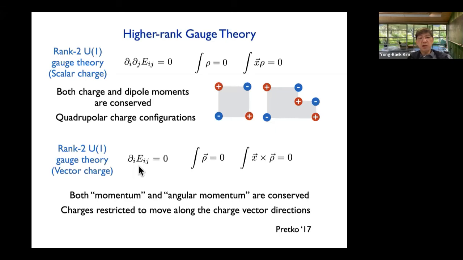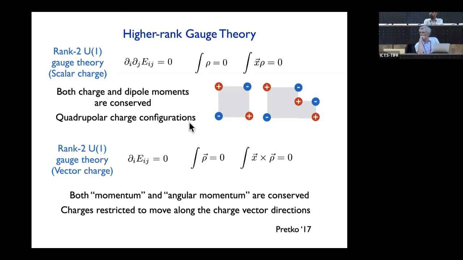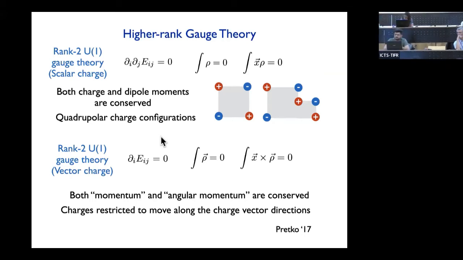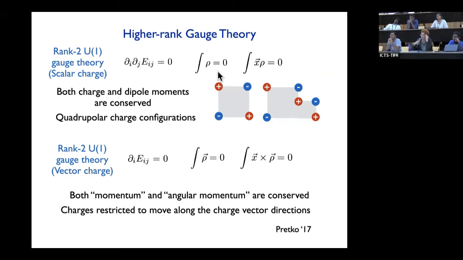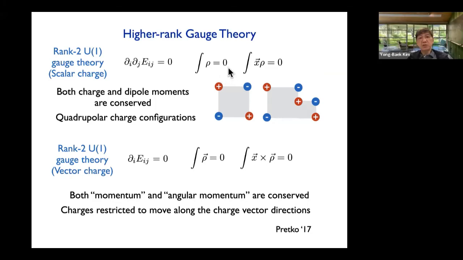Sorry, quick question. It seems from the way you write it at the top of the slide that this conservation of dipole moment and charge comes from the fact that there's no charge to begin with, but this is not correct, right? Even if you have charge excitations, you will still have this conservation law. That's right. You can start with some finite charge, some actual excitations. It's okay as long as you conserve total charge and total dipole moment.